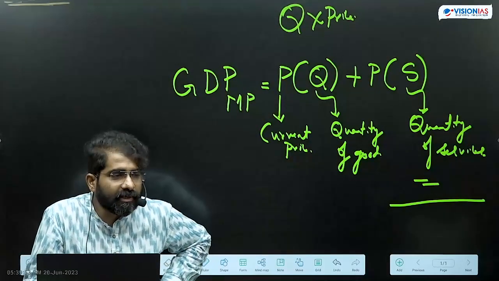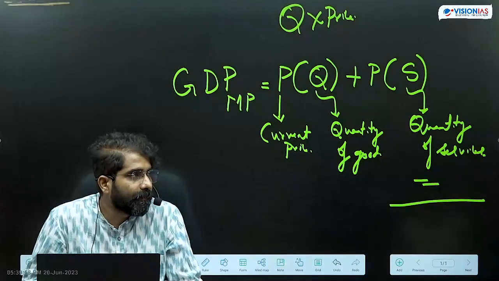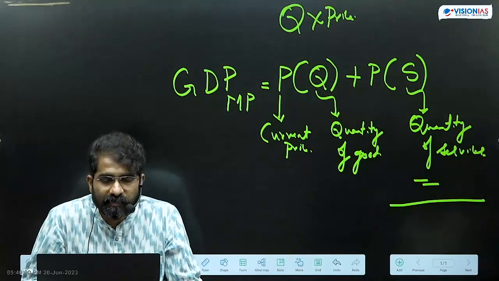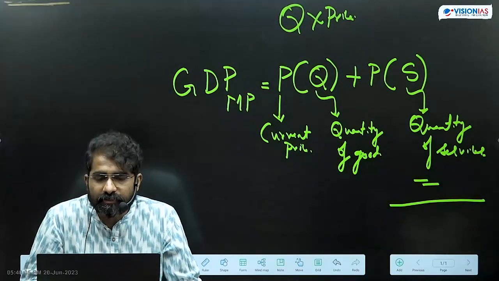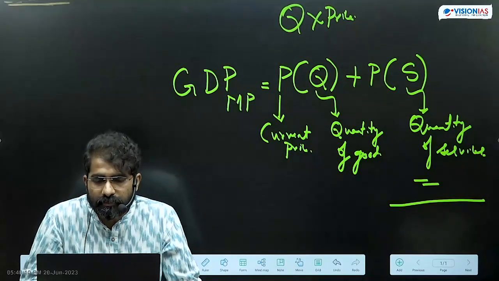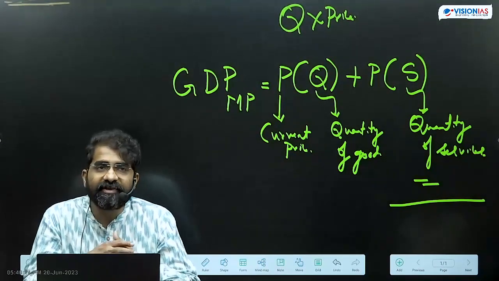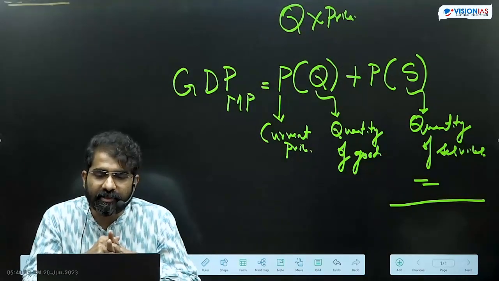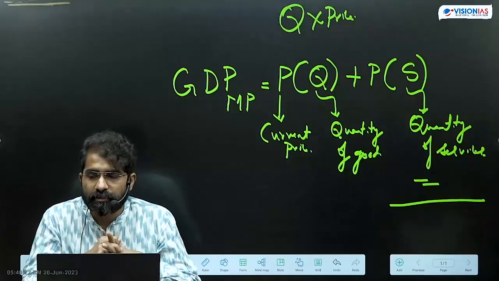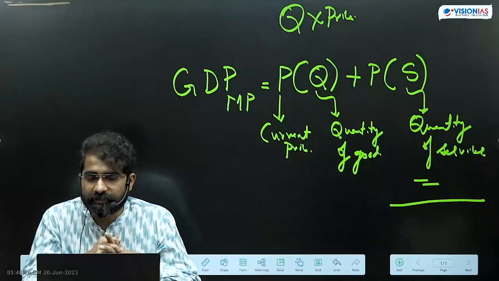Compute domestic income, in bracket NDP at factor cost, close the bracket, by adding up the NVA at factor cost of all the three sectors.